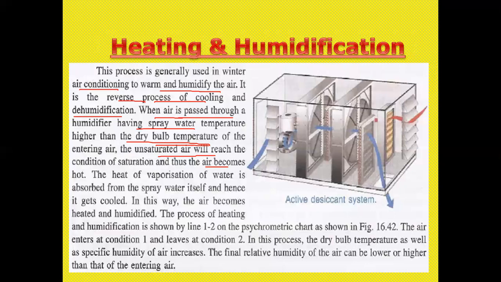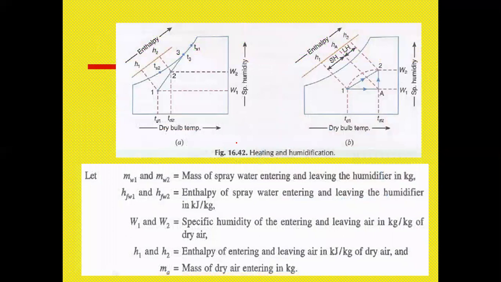In this process, the dry bulb temperature as well as the specific humidity of the air will increase. The final relative humidity of the air can be lower or higher than that of the entering air. So from the graph for heating and humidification, we see the dry bulb temperature and the specific humidity.